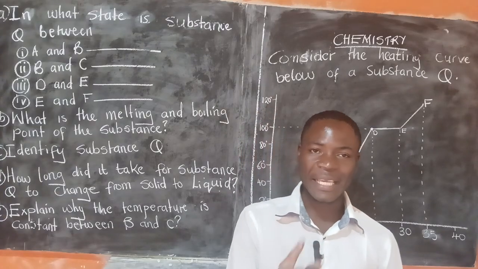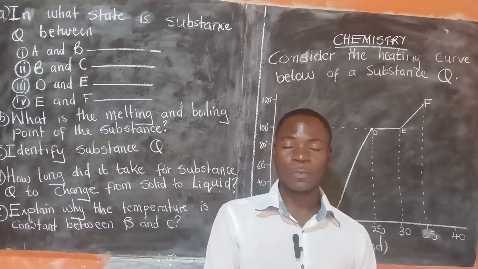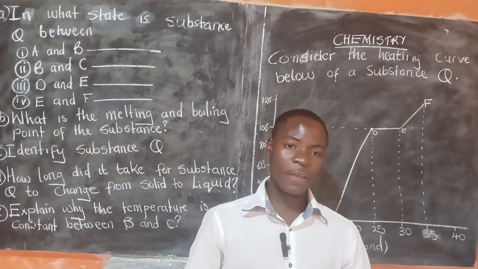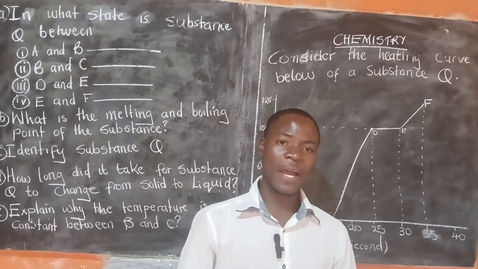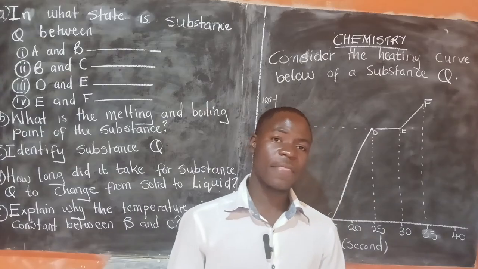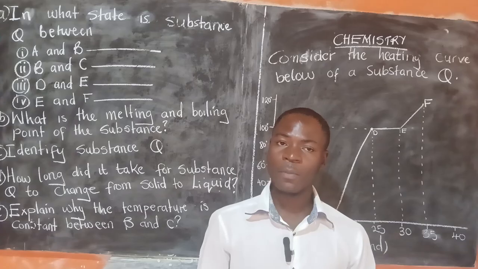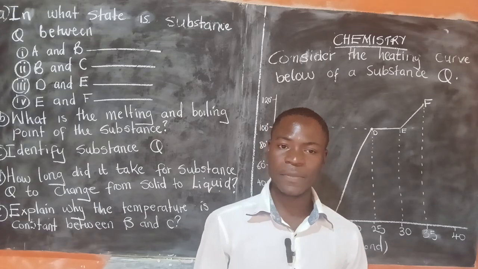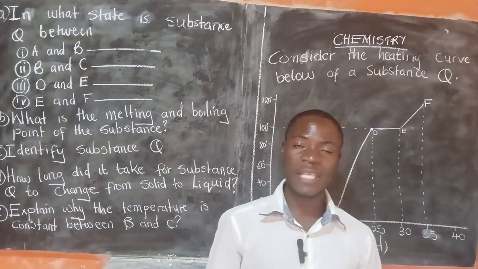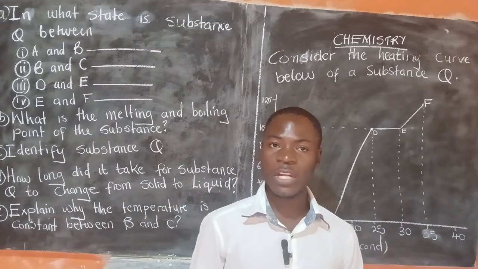Then we need to understand the differences between physical and chemical change. A physical change is a change that happens when no new substance is formed. A chemical change is a change where new substances are formed, like the formation or solidification of a normal salt.